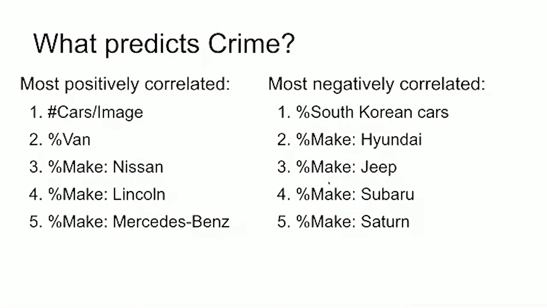That's really interesting, because the number of cars per image gives you the density of cars in a neighborhood. If you live in a lower income neighborhood, for example, there's a high density of cars, probably a high density of people. And the van thing is very interesting, and we don't know exactly why.